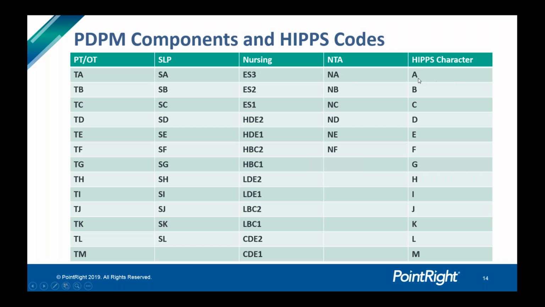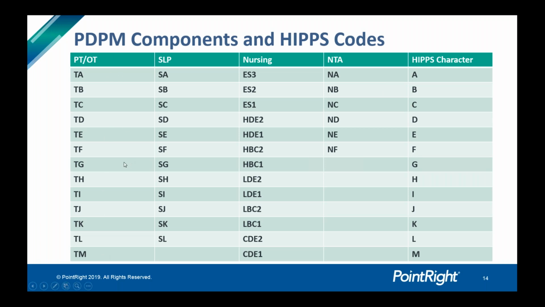So each of those would have a HIPS character of A. So if I was A here, that means I have the top of the hierarchical classification for each of the components. And it is possible to have a HIPS code of AAAA1 for my 5-day. And so on and so forth.